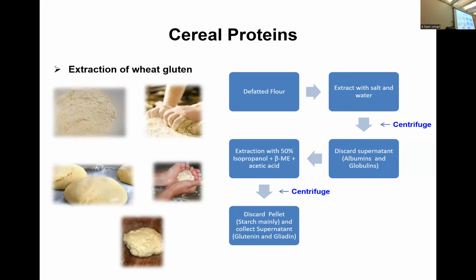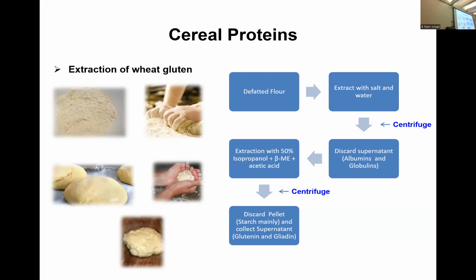Sometimes we combine these steps: if I want to get rid of albumins and globulins, I just use water and salt. With a salt solution I can remove both albumins and globulins, discard the supernatant, and take the precipitate. Then if I put isopropanol, BME, and acetic acid all together, I can solubilize both gliadins and glutenins as gluten-forming proteins, and the pellet is your starch and fiber material, which you discard. So this is one way of getting total gluten, as we call it.